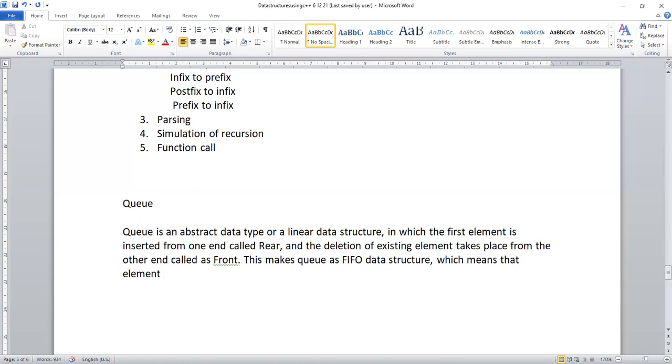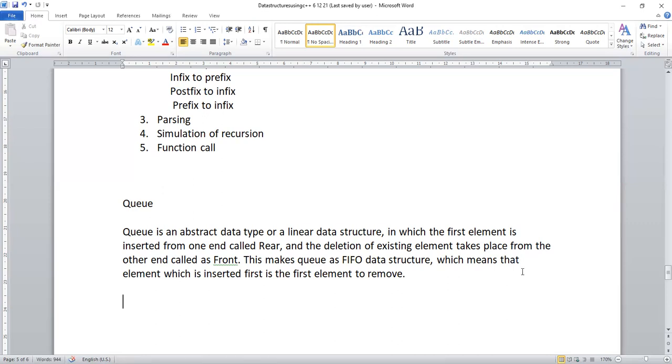Okay, the element which is inserted first is the first element to be removed.